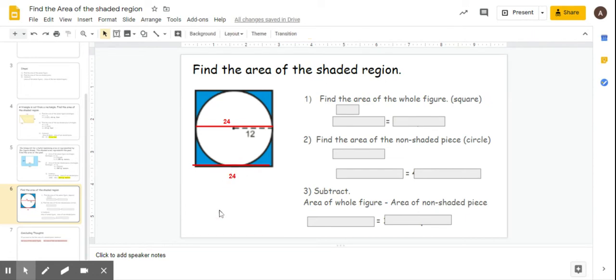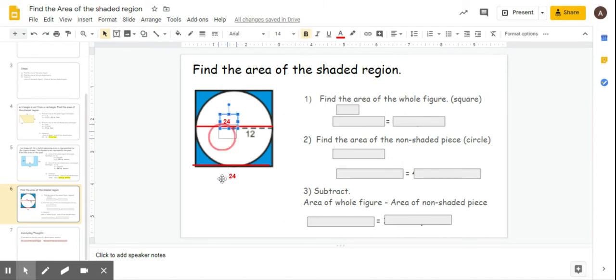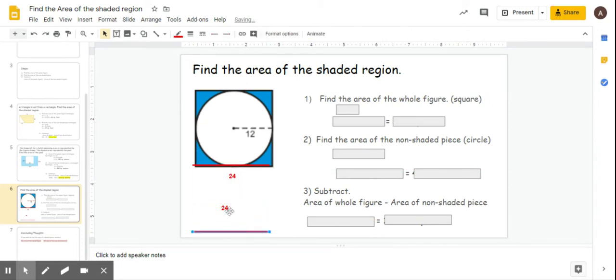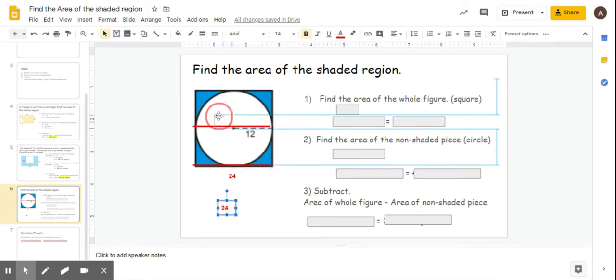So before you can get the side of the square, you have to figure out what the diameter is. So again, if you're given the radius of 12, from the center out, that means that the entire length across, or your diameter, would then be 24 because it's double.